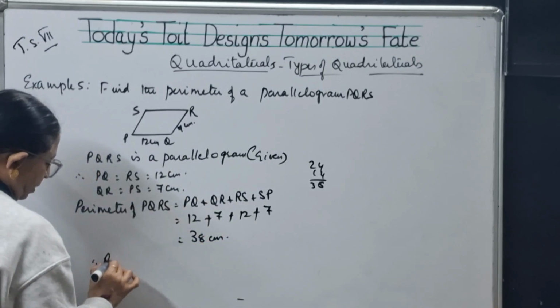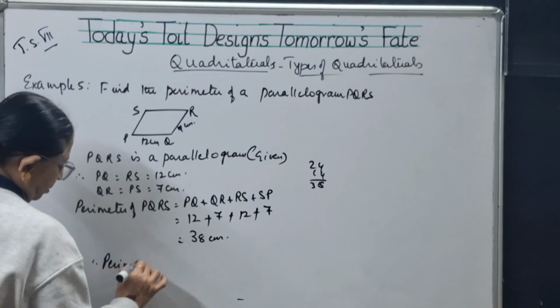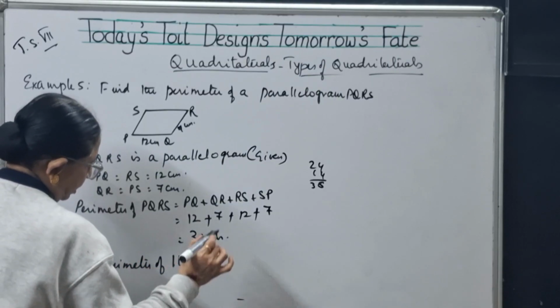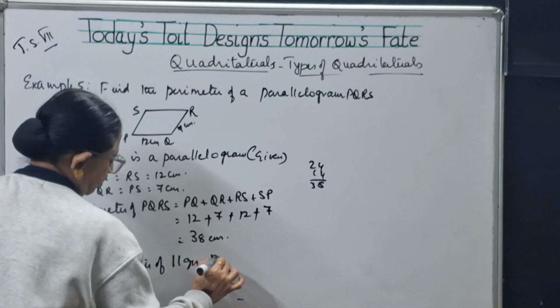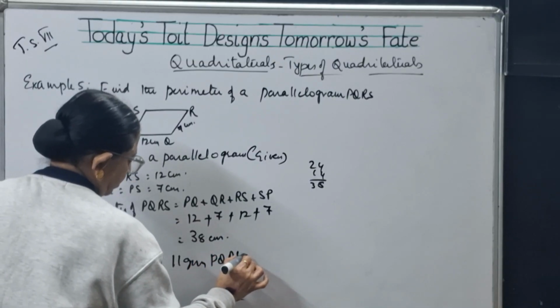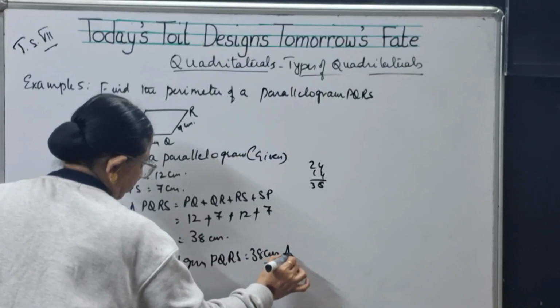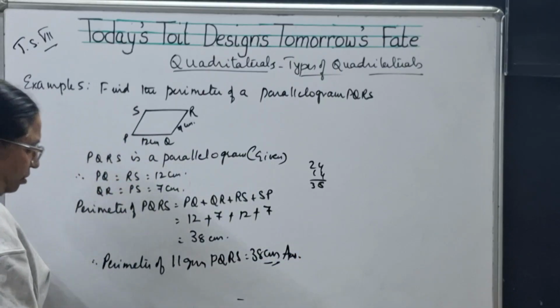Therefore, the perimeter of parallelogram PQRS is 38 centimeters, that is the answer, children.